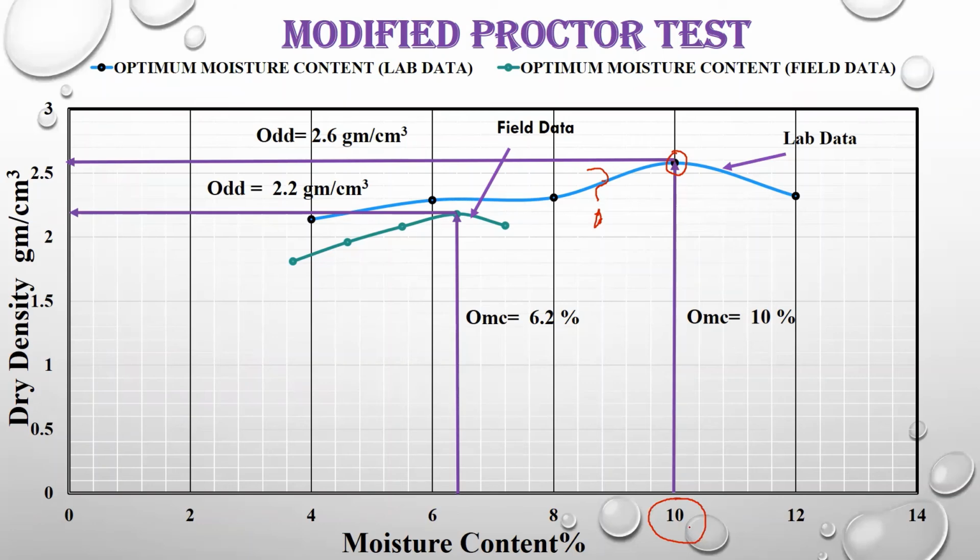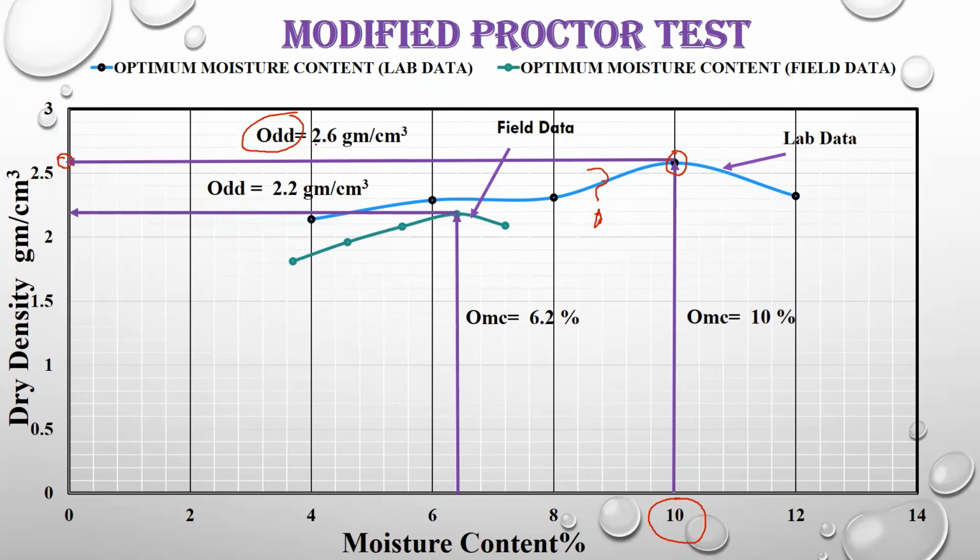I have already told you in the Excel sheet video how you can make this graph. And this is the optimum dry density. You will drop this over here and get this value. This is 2.5, and obviously this is 2.6, because there is a 2.5 and this is 3, so each line is 0.1: 2.6, 2.7, 2.8, 2.9 and 3.